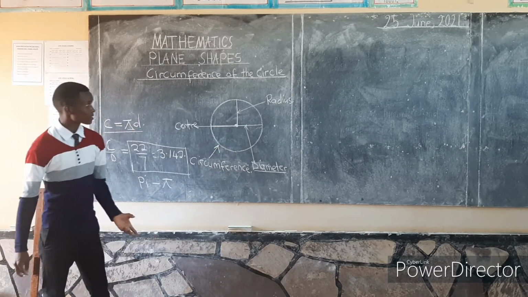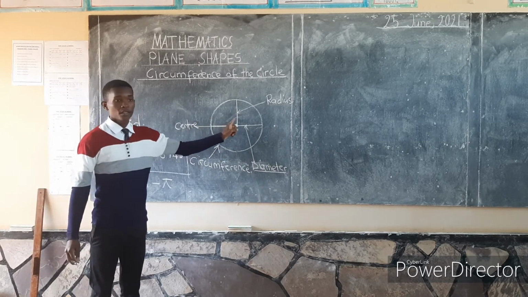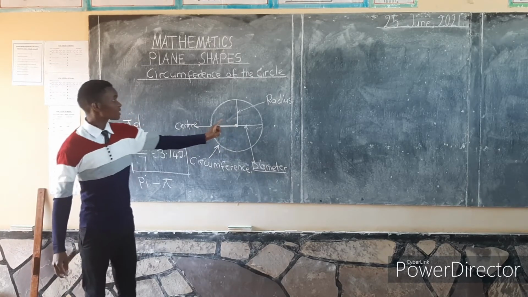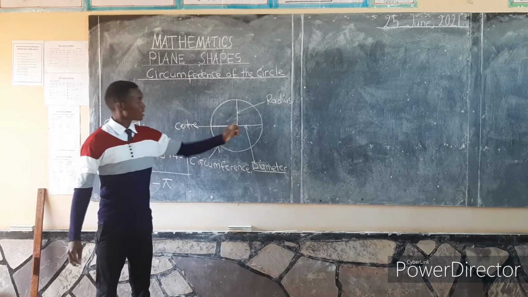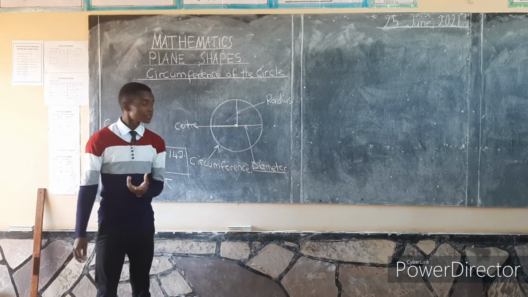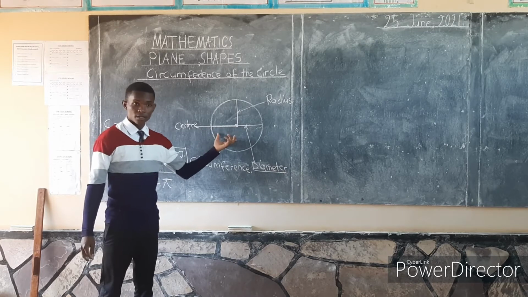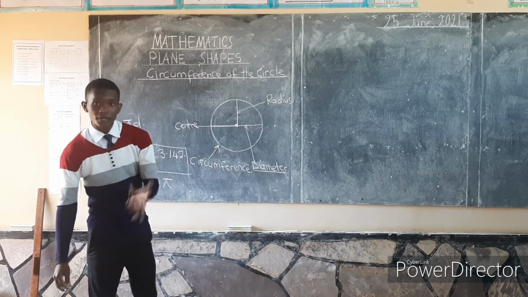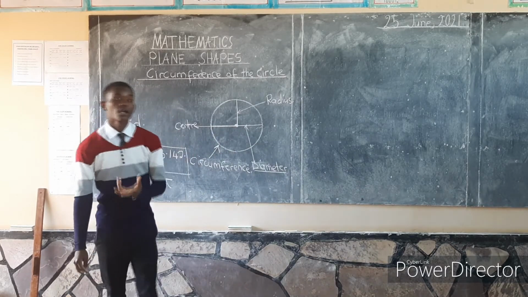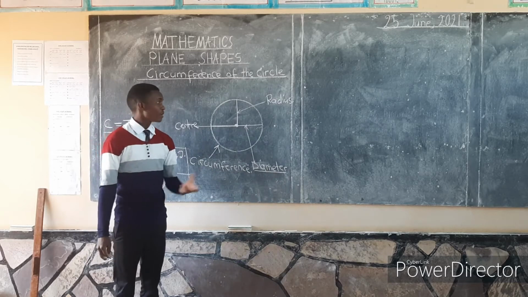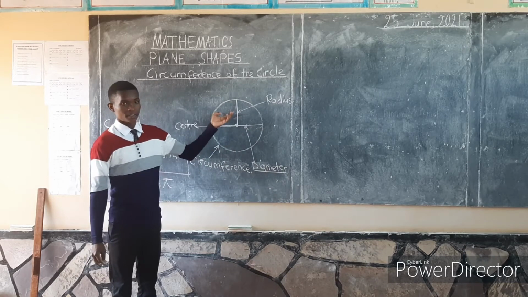But the radius is half of the diameter. Sometimes they can give you the diameter, or sometimes the radius, but you can calculate using either.